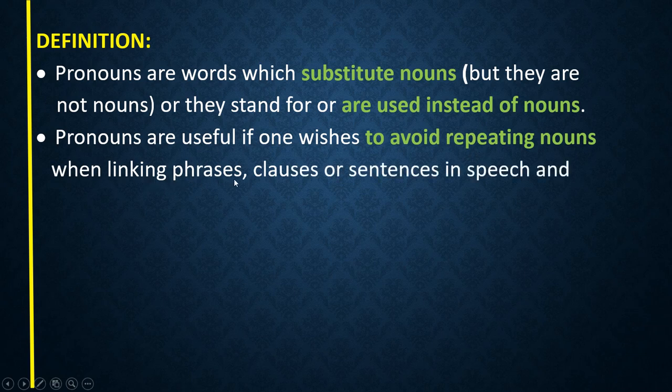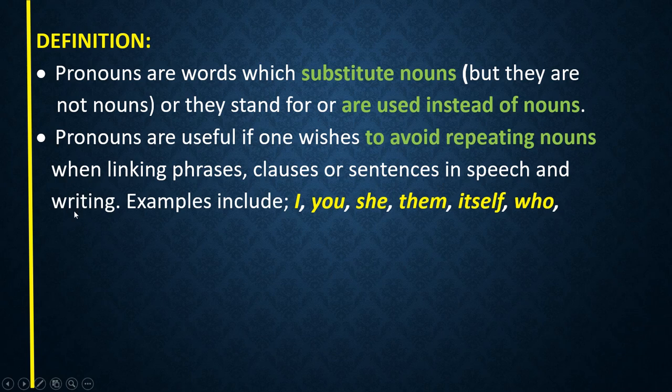When linking phrases, clauses, or sentences in speech and writing. What do we mean? That in linking the different parts of an English sentence, it could have one or more, or it could have more than one clause.